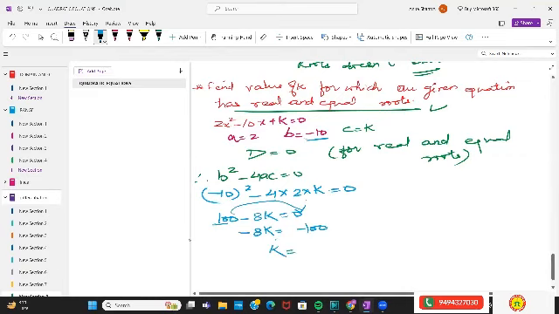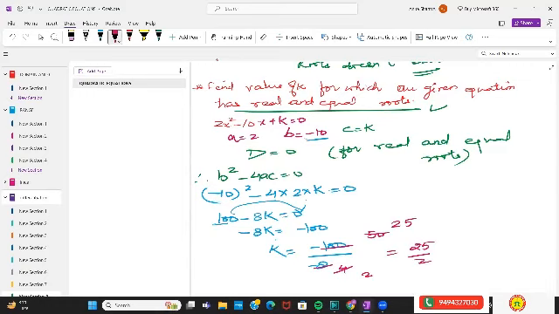Then the value of k will be minus 100 divided by minus 8. Now divide it by 2 first of all. It is 50 and this will be 4. Then divide by 2 again: 25 and 2. So the value of k will be 25 by 2. This is the answer. Have you understood, beta?